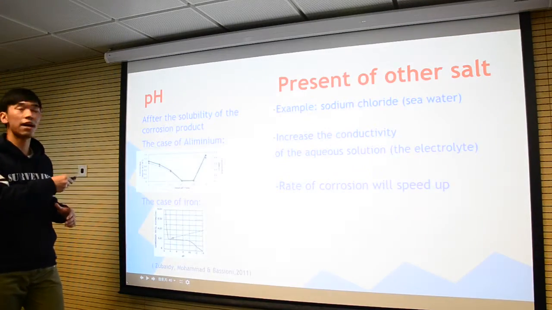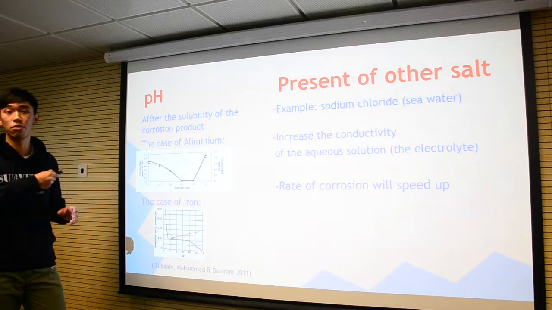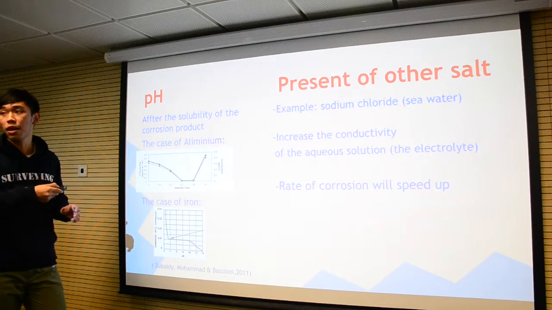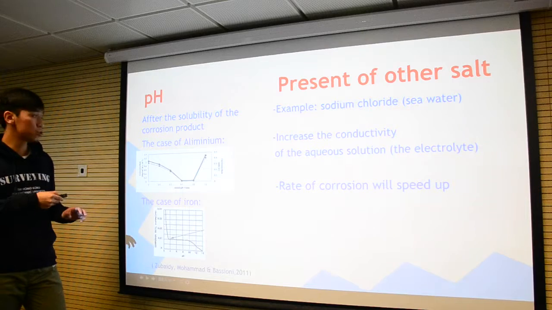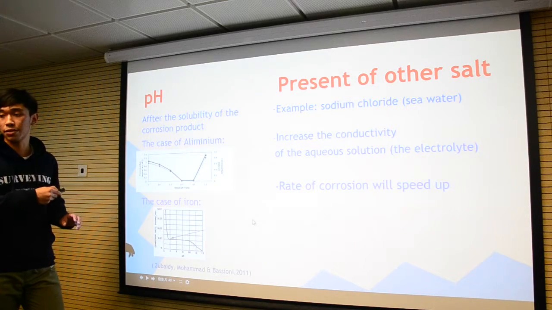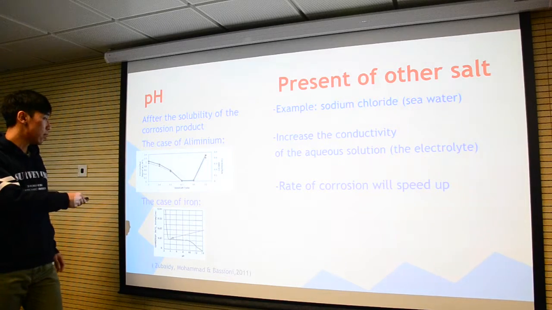Also, pH is another important factor. Why pH can affect corrosion rates is closely related to the previous part about the solubility of the corrosion products. The pH will greatly affect the solubility of the corrosion products. First, let's take a look at the case of aluminium.